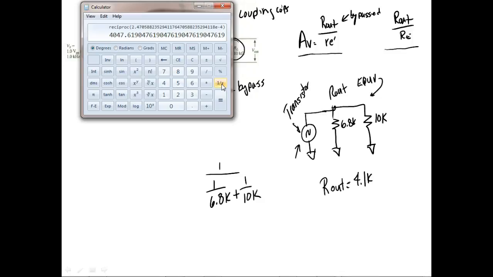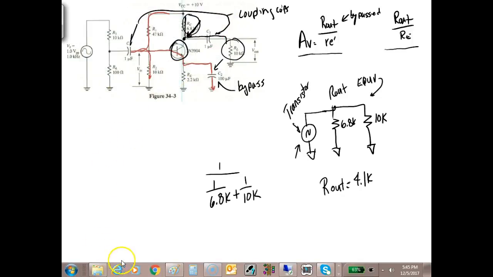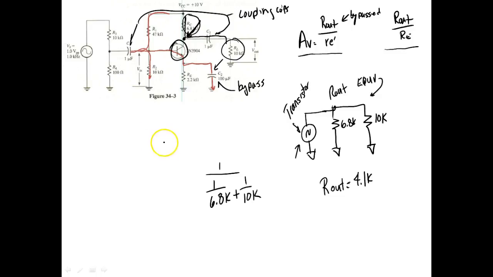Are we okay? Now what's RE prime? What's the formula for RE prime? Yeah, so RE prime is equal to 25 millivolts over IE. Now what was our IE? 400 and what? 477 micro.